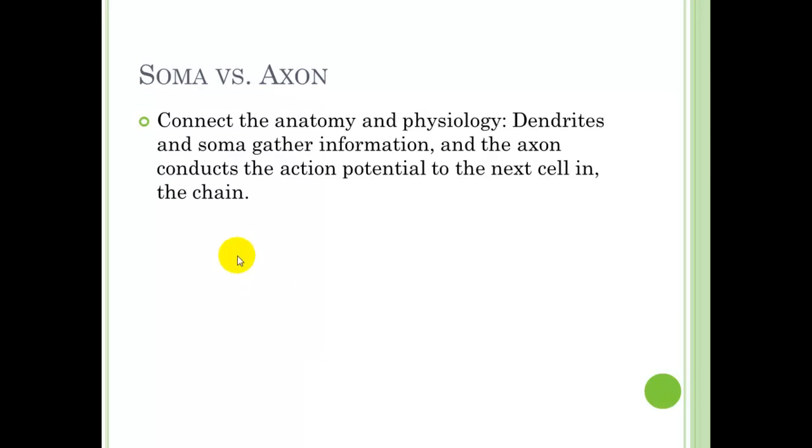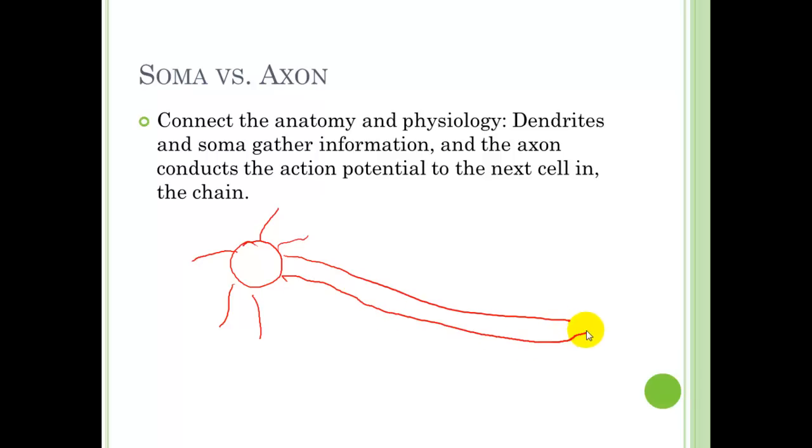Soma versus axon, and we're talking about a nerve cell. Right here will be our soma body. Axon, dendrites.